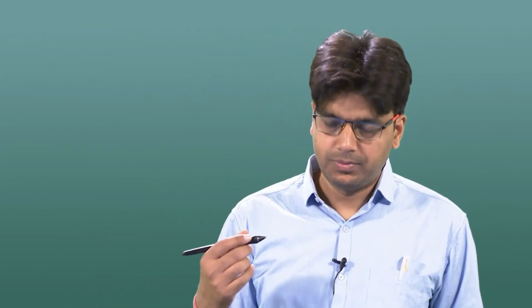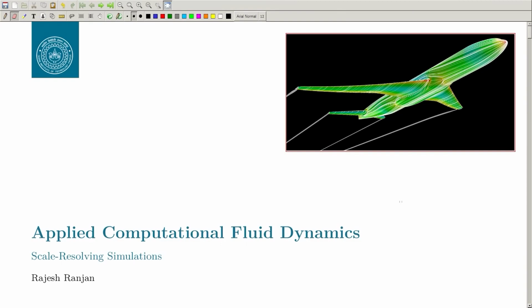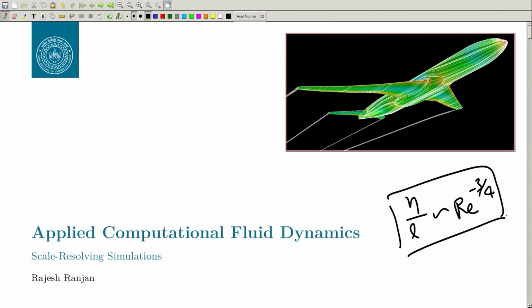We found that the smallest eddy that we want to resolve, let us say if we are using a direct numerical simulation, divided by the largest eddy, that is eta by L, goes as Re to the power minus 3 by 4. This is purely by considering the scaling argument, and we had two assumptions.